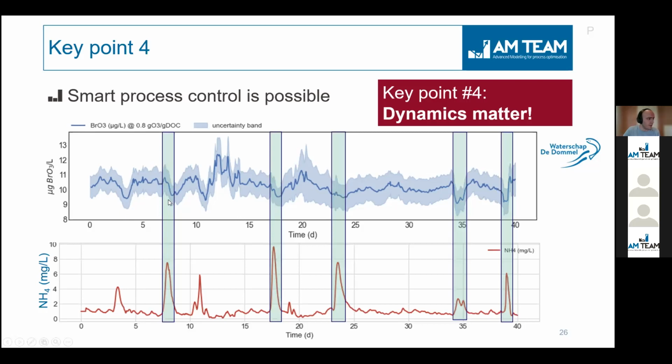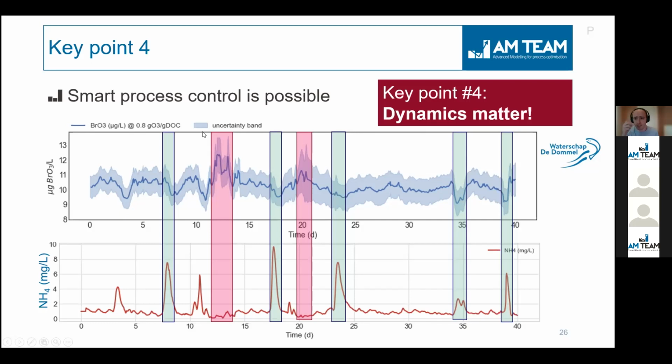So when your bromate levels are dropping, this is clearly caused by an increase in the ammonia levels. And we see actually the opposite when you have very low ammonia levels, which can happen after your aeration is switched on to its maximum level. Then you can have an increase in your bromate formation.